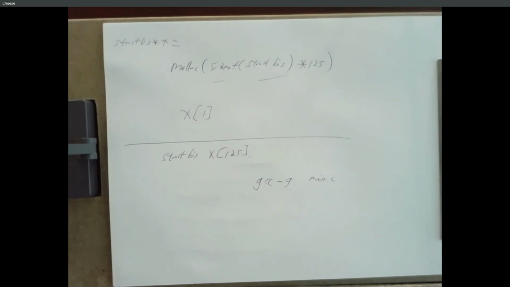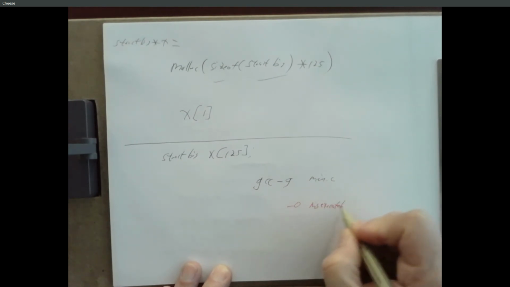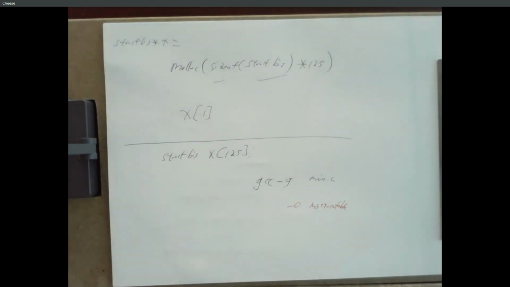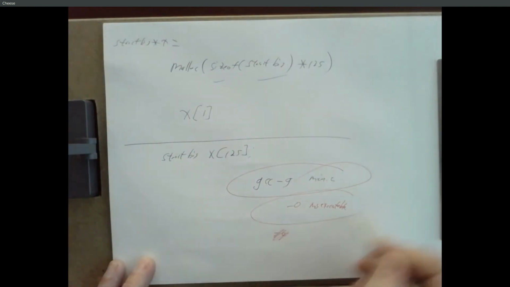If you want, you can also say -o, you know, my executable, and if I want to call my program my executable, and so on and so forth. You don't want to use -c because that says don't make an executable. That says just build an object. That would create a main.o, and then you'd have to say gcc -g main.o. But this would be sufficient. This would be preferred.